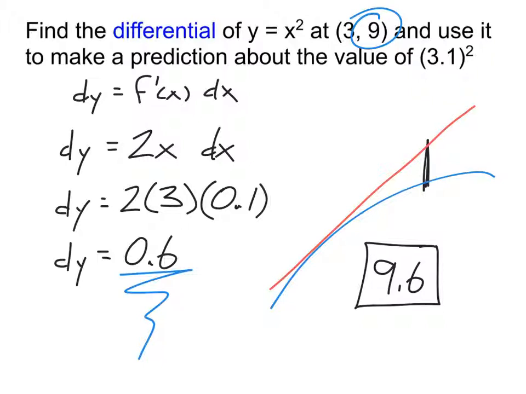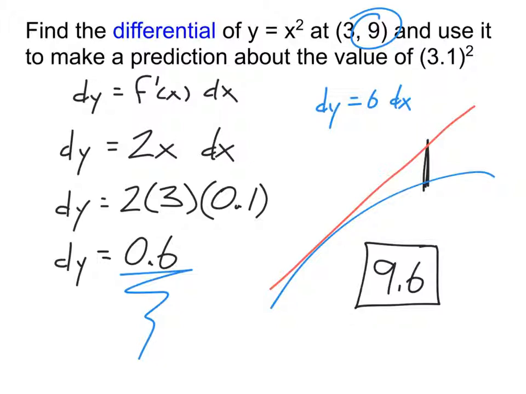This one's a little different because you're plugging in the given x value, and so you always can have that x living there. In fact, if you had to use it for lots of different values, you could even write it as dy equals 6 dx, and just change that dx over and over again. But notice the difference between this one and the last one: when we get L of x and plug it in, it gives you the prediction.